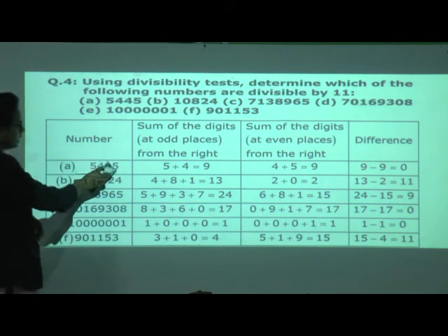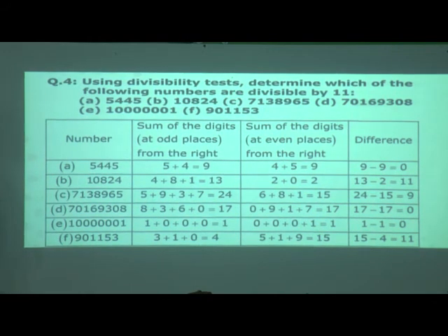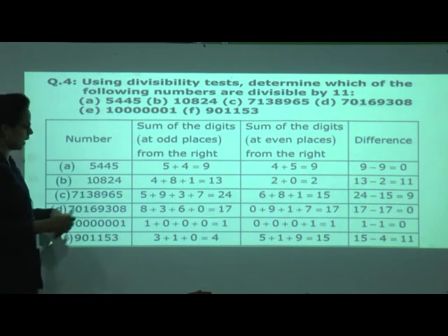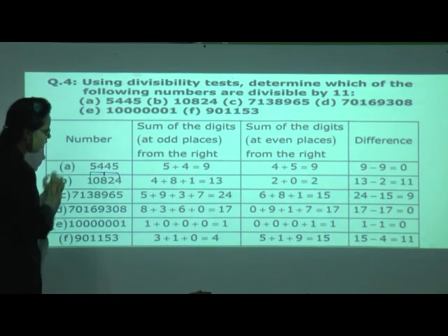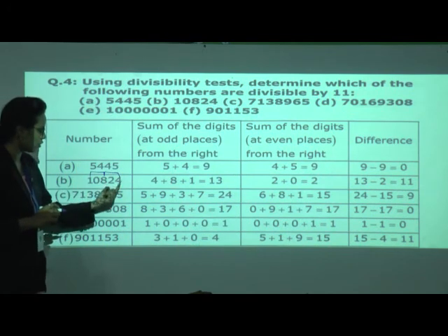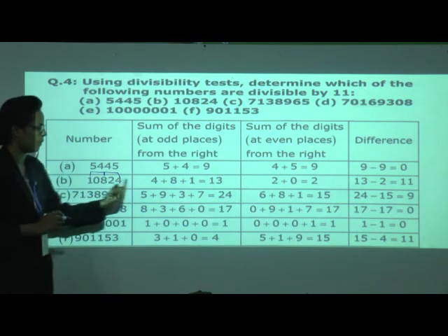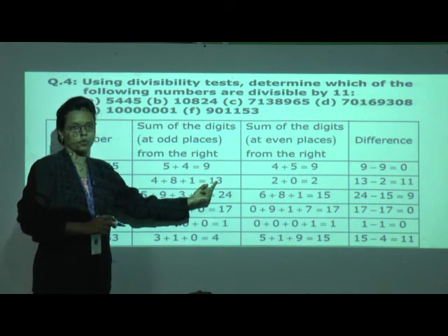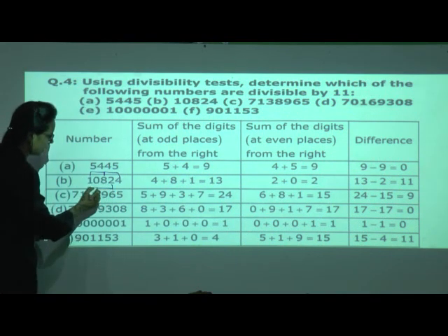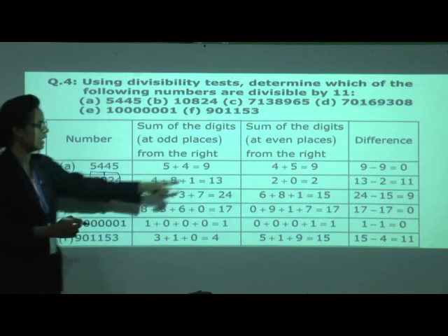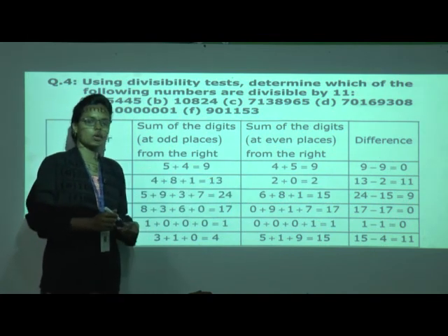Now it's a 5-digit number. Here we take the odd places from the right. 4, 8 and 1 are the odd places, so 4 plus 8 plus 1 is 13. Now the even places, 2 plus 0 is 2.